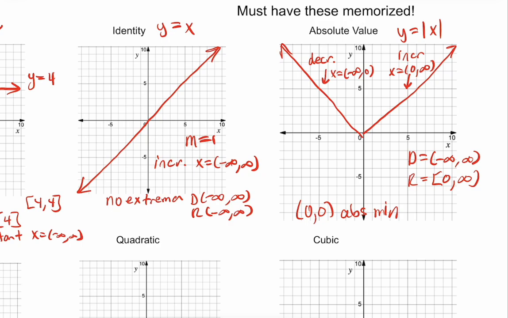Half of it is decreasing, half of it is increasing. And that's why our absolute value is a piecewise function. One piece is decreasing, that's our negative slope. One piece is increasing, that's our positive slope. So those are our first three of our parent functions.